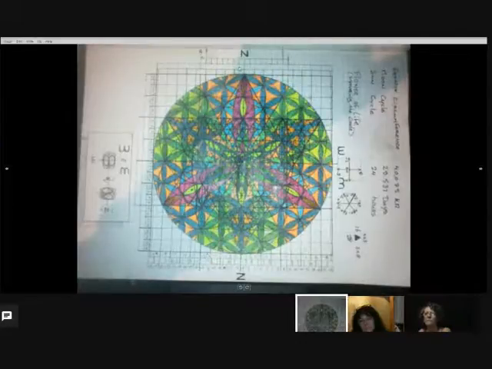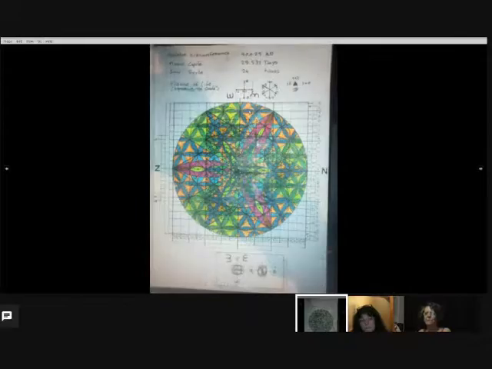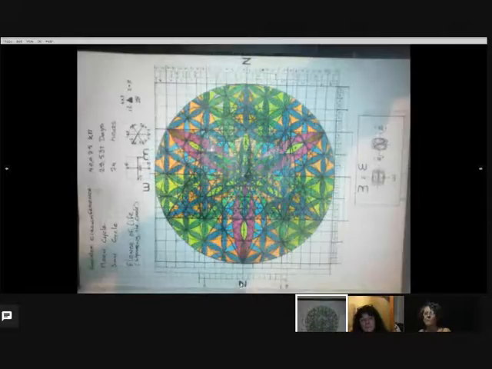Funny thing is also, this is north and this is south. This is west and this is east. But this is south and this is north and this is west and this is east. And then we have north again here and south again there.